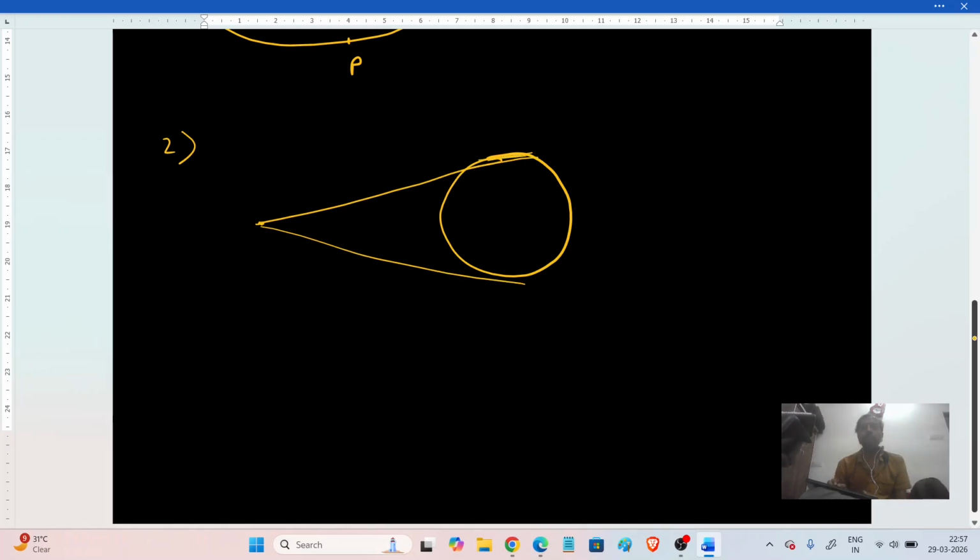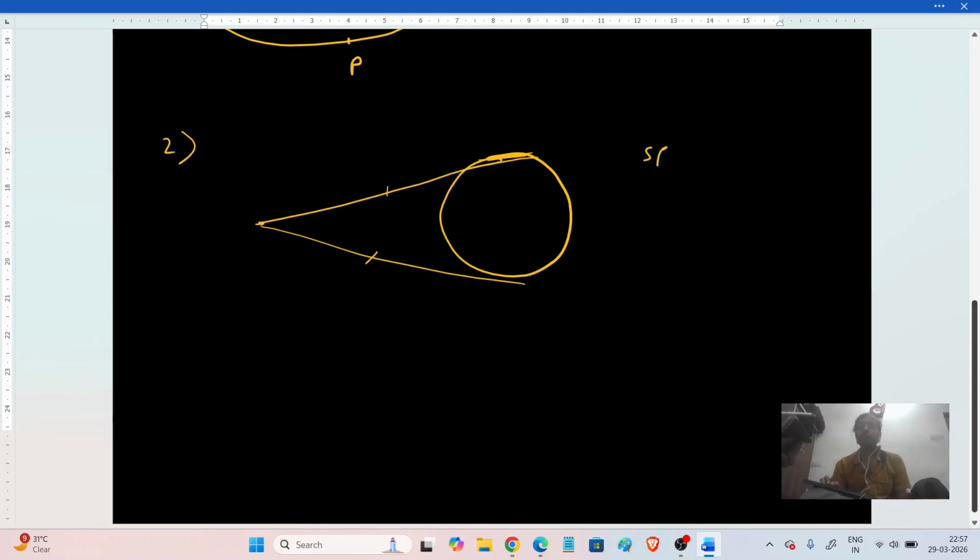And the other thing that we'll be using is the following. If you have a circle and a point outside the circle, you draw two tangents to the circle, then these two tangents are equal in length. Now we are going to say that this can be applied for a sphere as well.